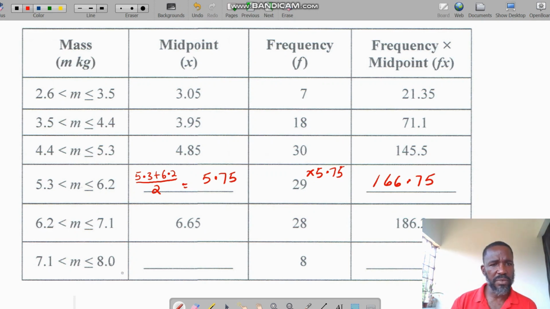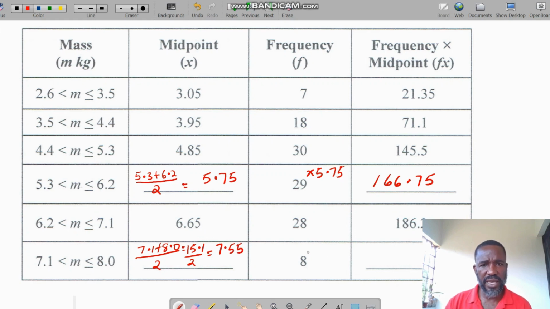Now, in the other one, 7.1 to 8.0. Again, we add these two, so it's 7.1 plus 8.0, and we divide that by 2. That's 15.1 divided by 2, and we are going to end up with 7.55.